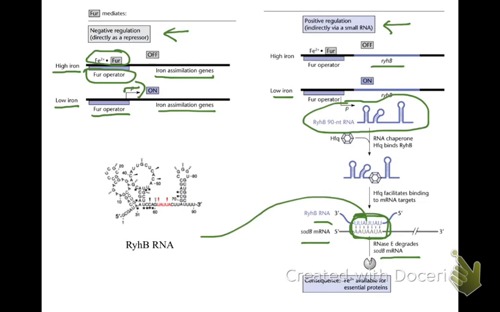And here is that special region in the Rib RNA, so even when it forms this secondary structure, that region is available for base pairing with the RNA for SOD-B and all of the other operons that involve non-essential functions of proteins requiring iron.